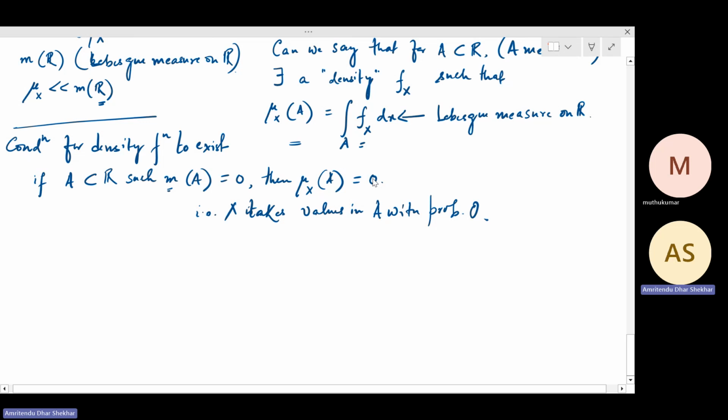Essentially, if you understand the Radon derivative, then the density function of the random variable x is just the Radon derivative of this measure. So this f is sometimes symbolically written as d mu x upon dm of R. This is the Radon derivative.